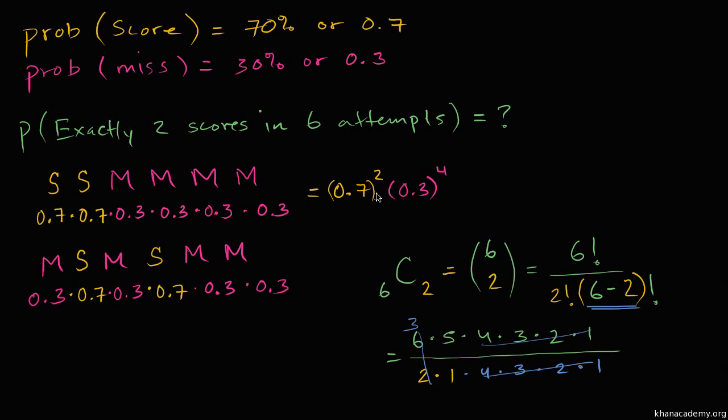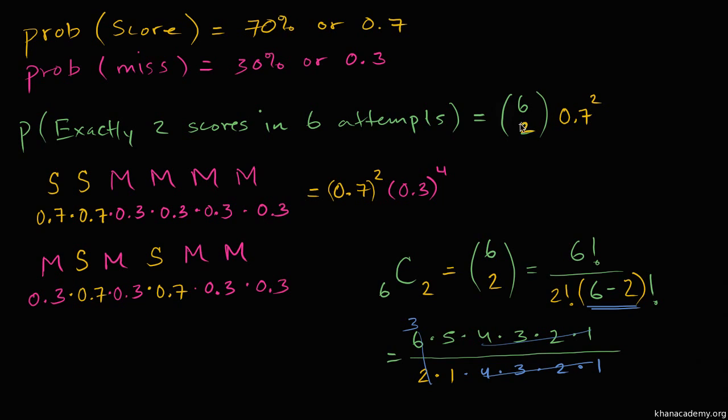Now, the probability for each of those is this right over here. So the probability of exactly 2 scores in 6 attempts, well, this is where we deserve a little bit of a drum roll. This is going to be 6 choose 2 times 0.7 squared.